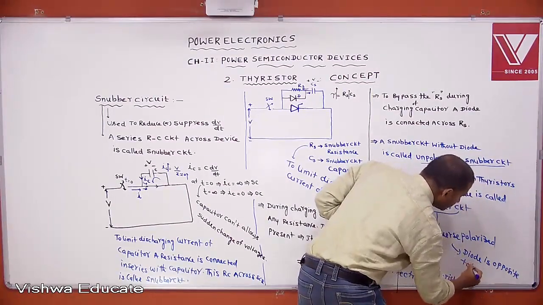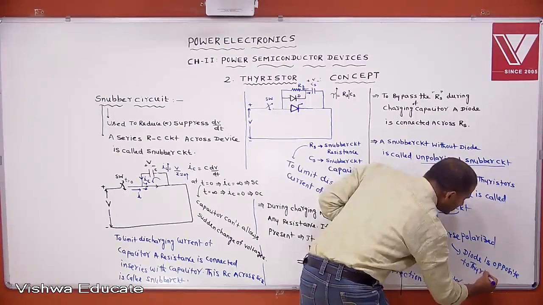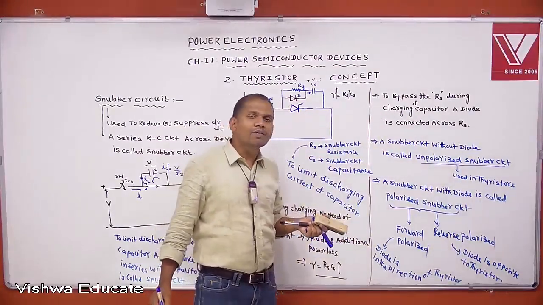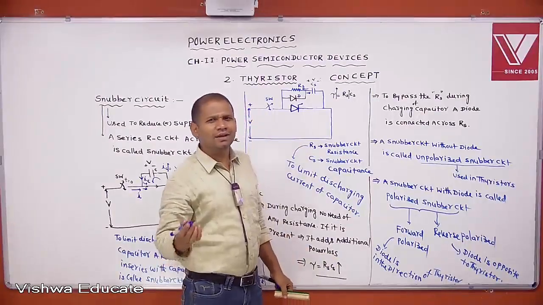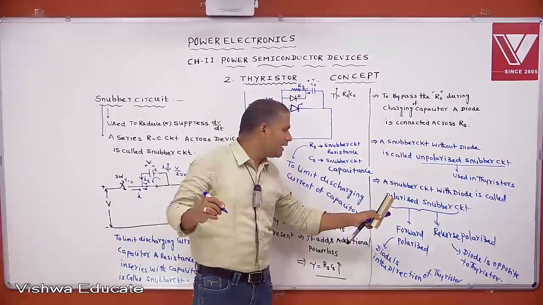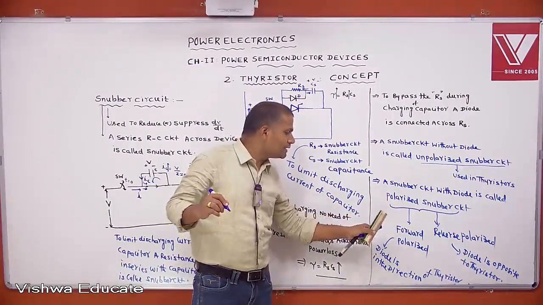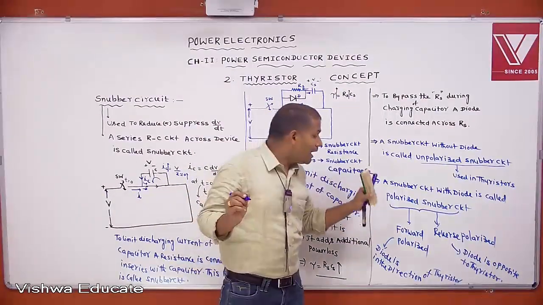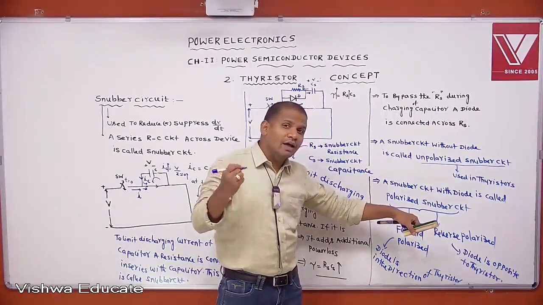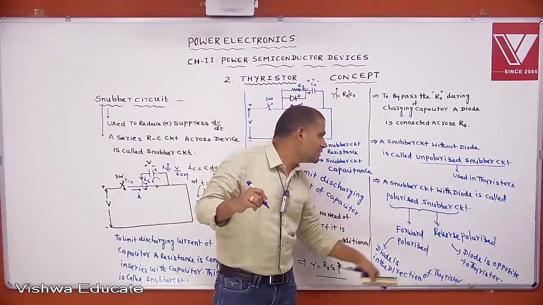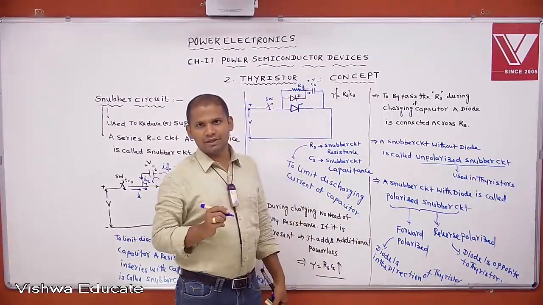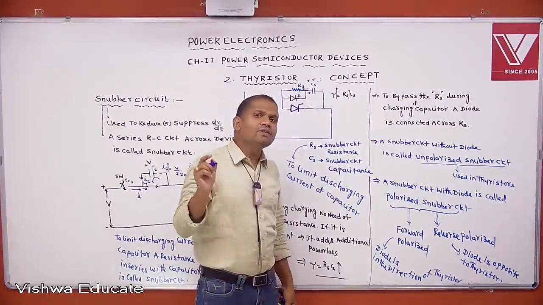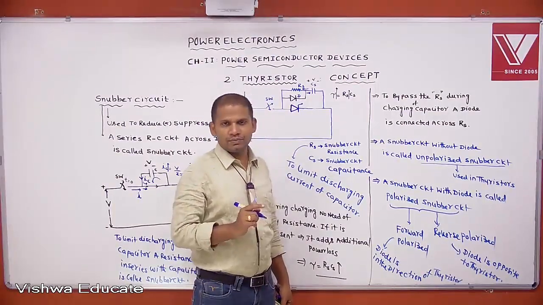In detail, that's not required. When the direction of diode and thyristor is the same, then it is a forward polarized Snubber. If we make the arrangement in the reverse direction, then it is a reverse polarized Snubber circuit. But another point to remember, unpolarized snubber circuit is used.